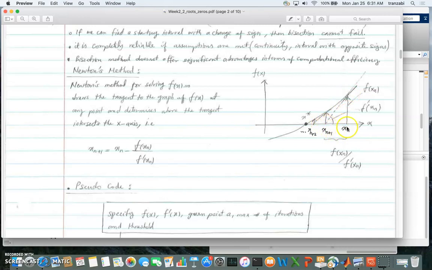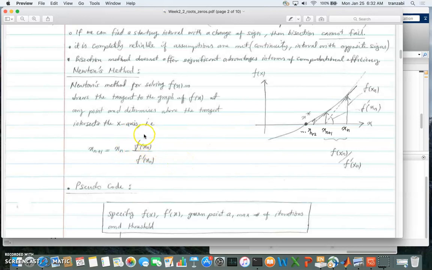So this base is nothing but f of x at point xn divided by the slope, which is the derivative at xn. So f of x divided by f prime of xn. So this gives me the base. I subtract this base from the original point, which is xn, so xn minus this base, it gives me the next iteration, which is xn plus 1. Then I iterate. So that's basically the gist of Newton's method.